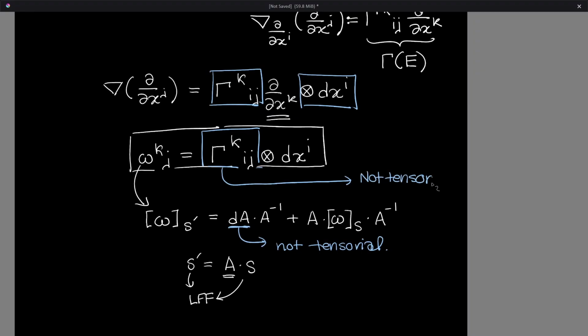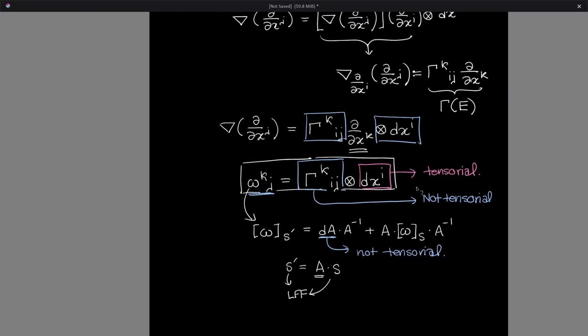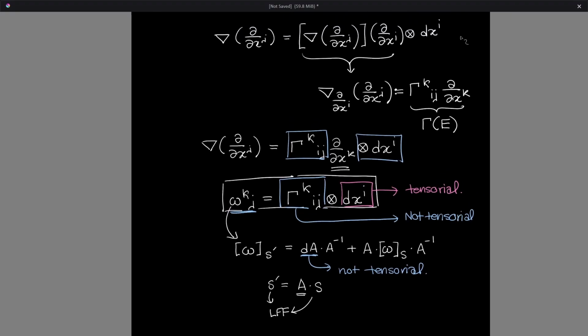They have to be, so that the left-hand side of the equation can be not tensorial. So big takeaway, the Christoffel symbols are not tensorial. Okay, so back to the live recording.